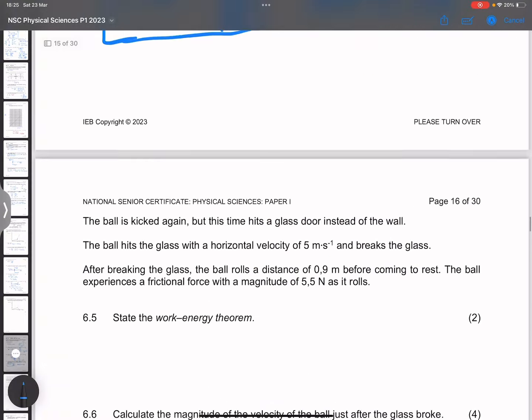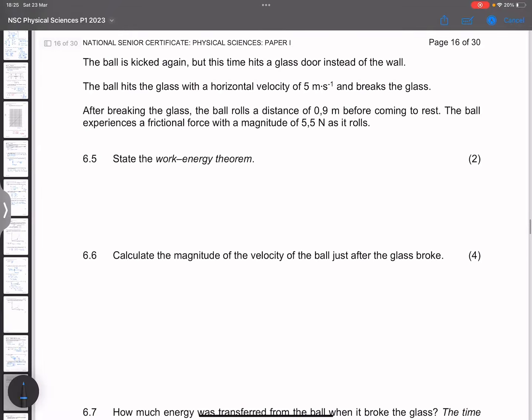Now the next portion, they say the ball is kicked again, but this time hits a glass door instead of the wall. The ball hits the glass door with a horizontal velocity of 5 meters per second and breaks the glass. After breaking the glass, the ball rolls a distance of 0.9 before coming to rest. The ball experiences a frictional force of 5.5 newtons as it rolls.